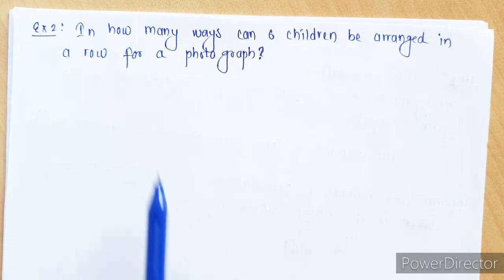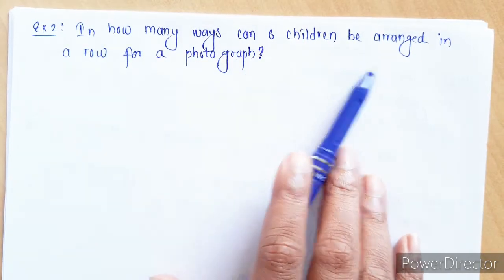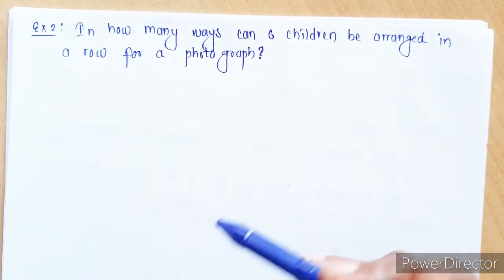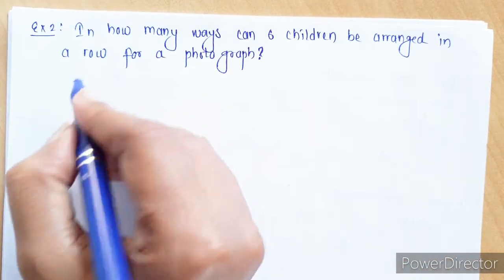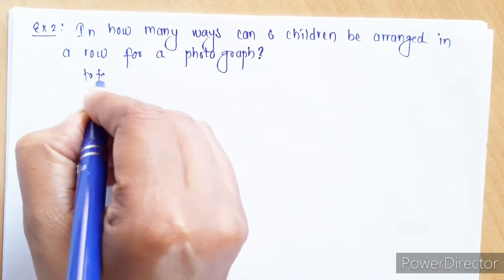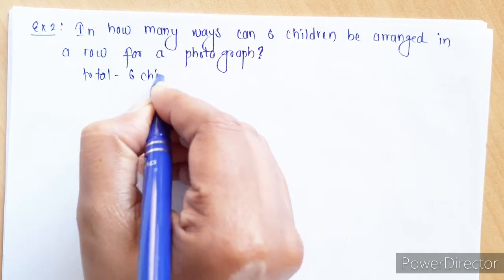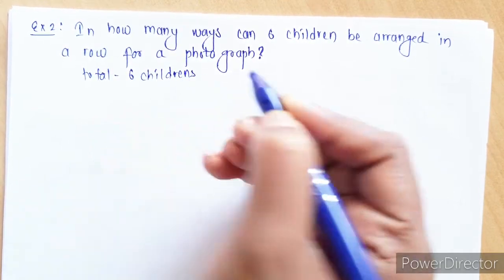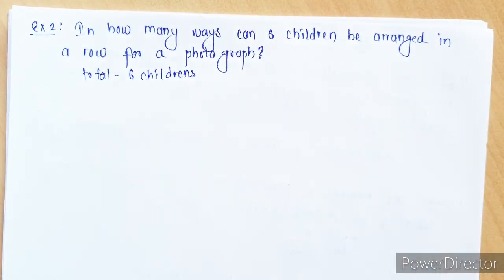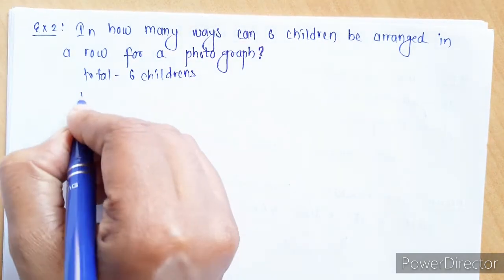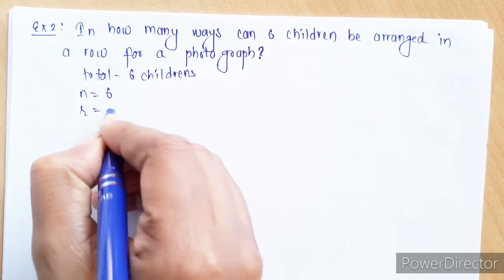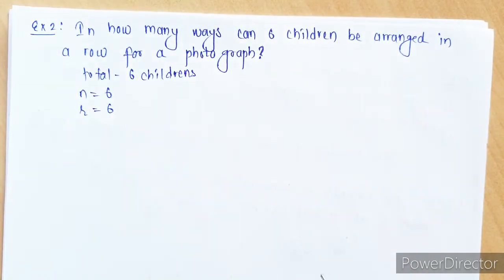Next example. In how many ways can 6 children be arranged in a row for a photograph? So we have a total of 6 children and we have to arrange them in a row for a photograph. So we have to arrange all of them. So our n in this case is going to be 6 and r is also going to be 6, because we are arranging all 6 children in a row.